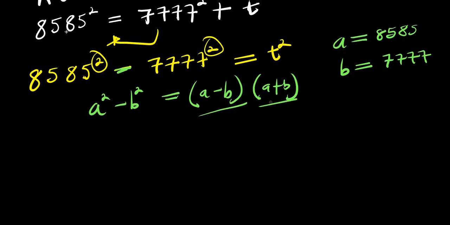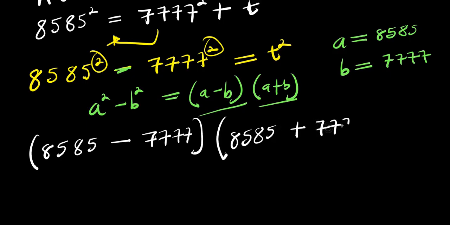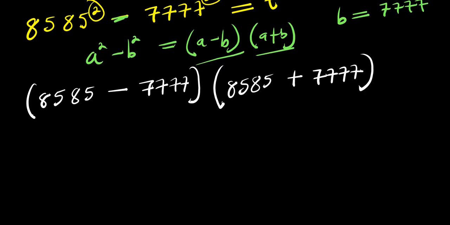So let's insert it right here. We have 85 minus 77 times 85 plus 77. So let's subtract this. We are subtracting this from this.